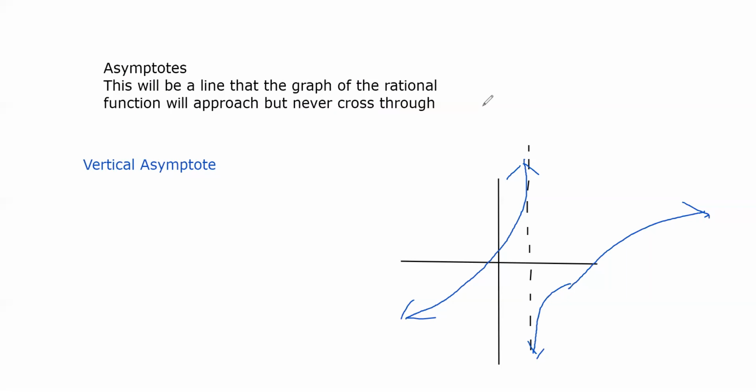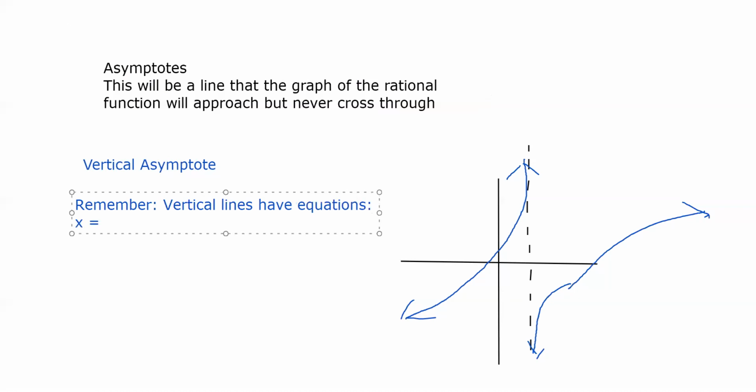Now, how do we find a vertical asymptote? Well, remember, vertical lines have equations of the form x equals some number.